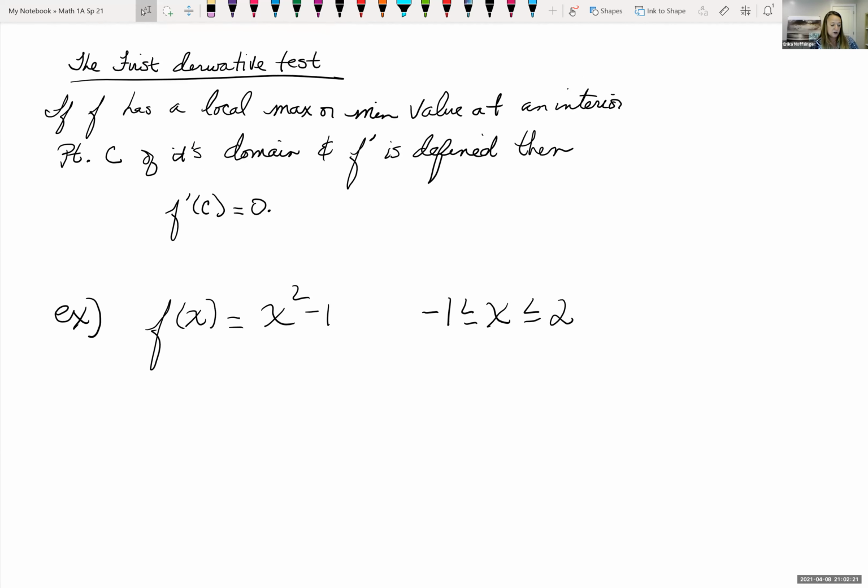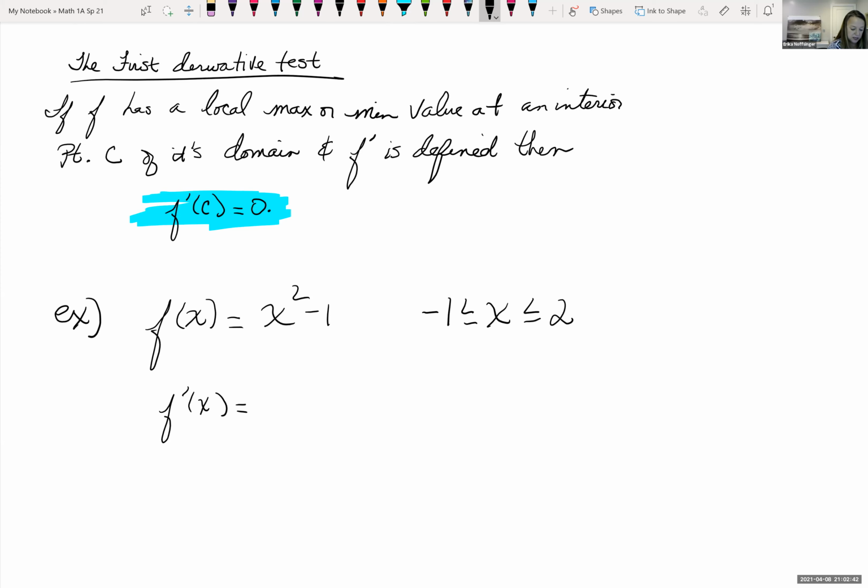So what we're doing is we're trying to find our critical numbers. We're trying to find the values where our derivative is equal to 0. So the first thing you want to do is find the derivative of your function. That's not too bad.